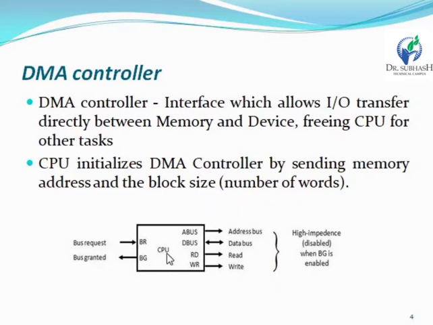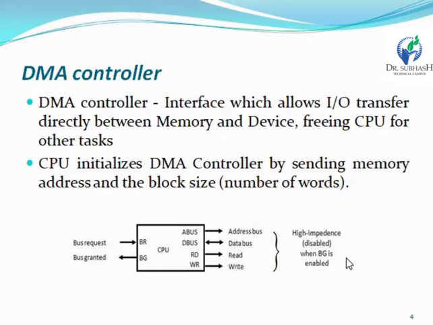We can show one CPU. Here, a bus request and a bus grant signal are used. In the CPU, we use read and write operations, an address bus and a data bus. The data is transferred through the data bus based on the address bus.